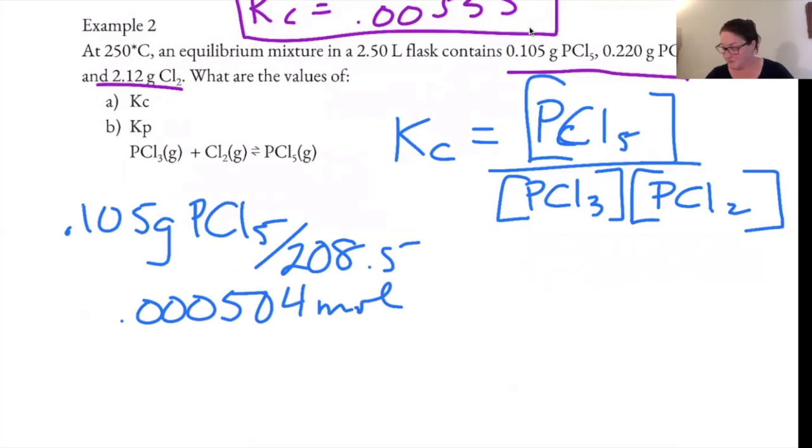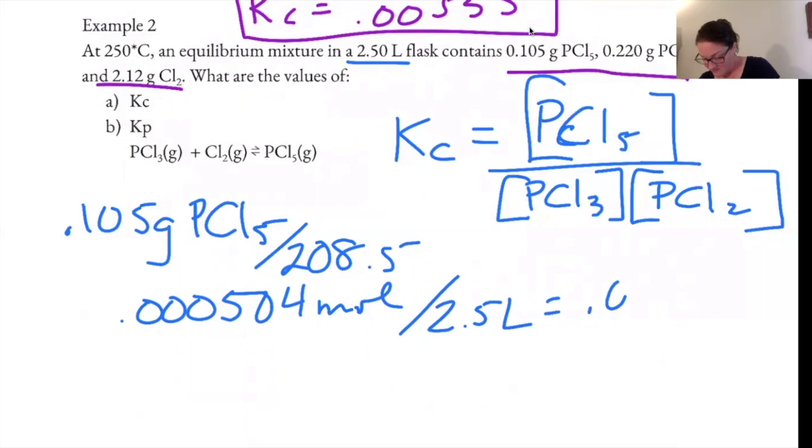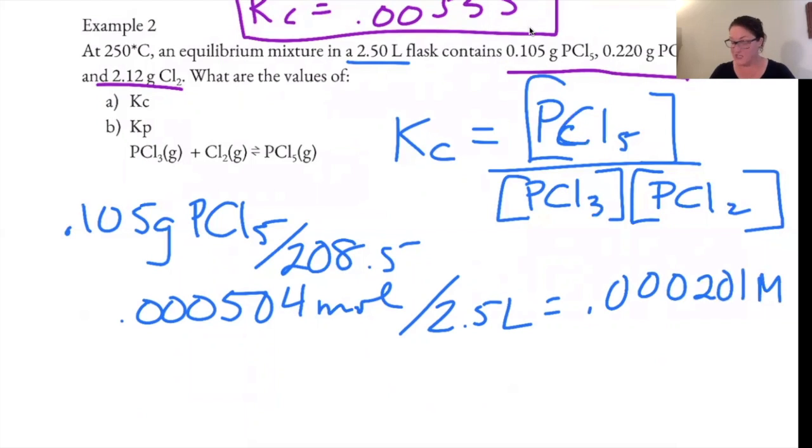And then to get to molarity, I'm going to need to divide by liters, divided by 2.5, 0.000201 molar.